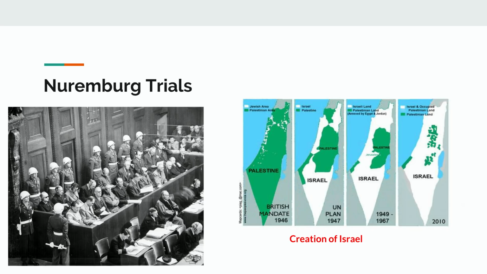And of course, that last map in 2010 shows you that there are very small pockets of Palestinian control in Israel. So it has gone through a change, and it has evolved into what we know today. But Israel was created after World War II as a homeland for the Jews, and it was carved out of land from the country of Palestine. And so that will complete 7.4, that indicator.